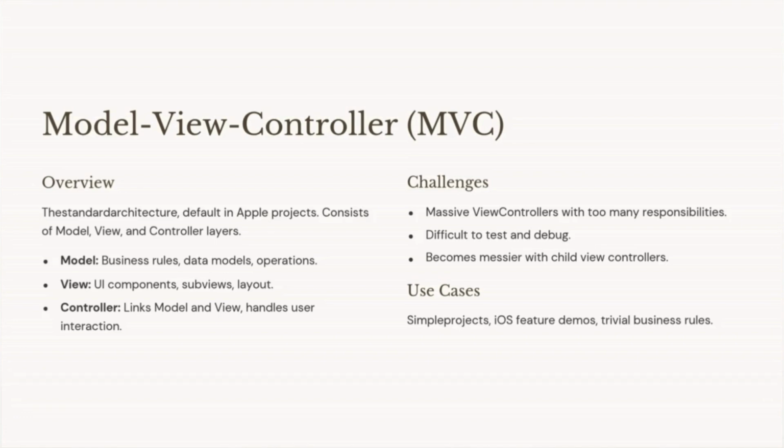Pay attention that the first two layers implement business and presentation operations respectively, but how do we link them since they are independent? This is where the controller comes in. This layer receives the outputs from both the business and UI worlds and passes those to update the other layer.